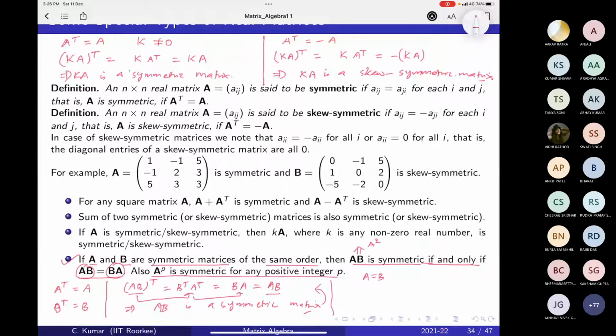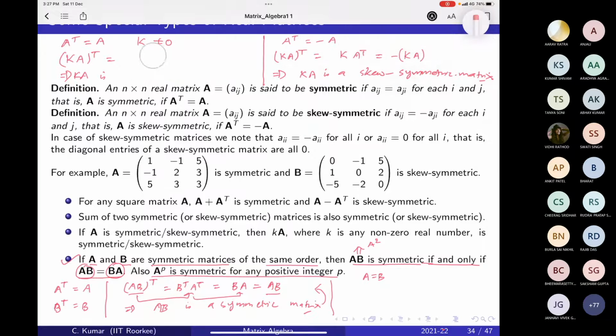So immediately you get that A square is a symmetric matrix. And once A square is symmetric, you apply the same result again by taking A as A square and B as A to say that A raised to 3 is a symmetric matrix. And then you repeat this again to show that for any positive integer P, A raised to P is a symmetric matrix. Okay, so this is also quite straightforward.